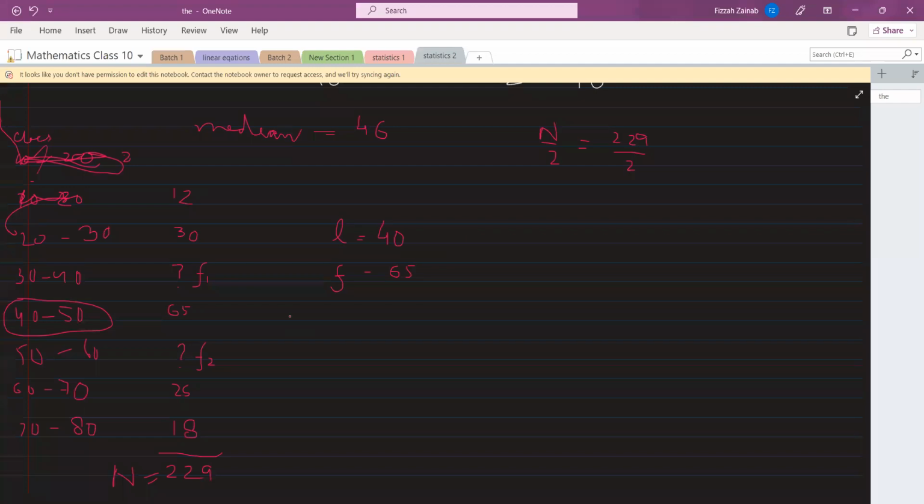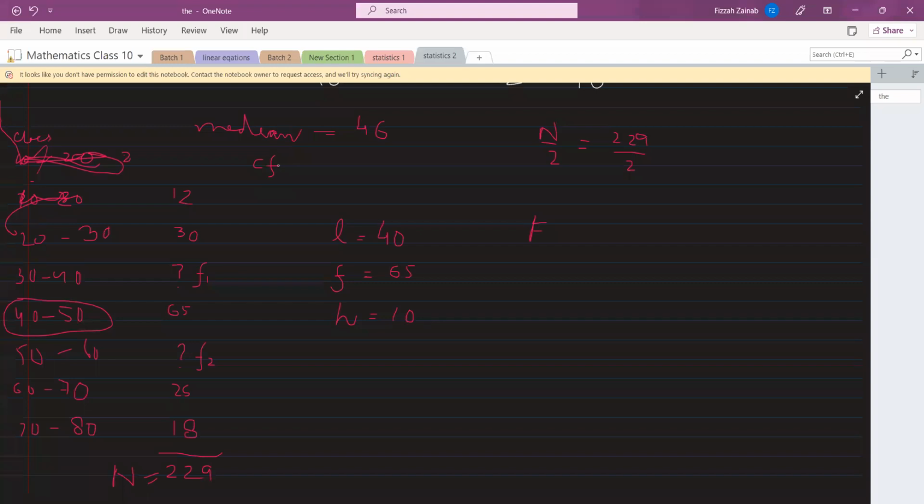And h, how much is h here? Class size. So 40 to 50, that means it's a gap of 10. Class size is 10. Now, in the formula, you also have capital F. For this, you need a cumulative frequency column. Is this clear?